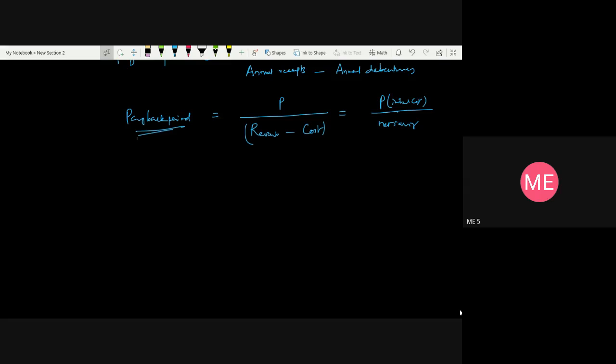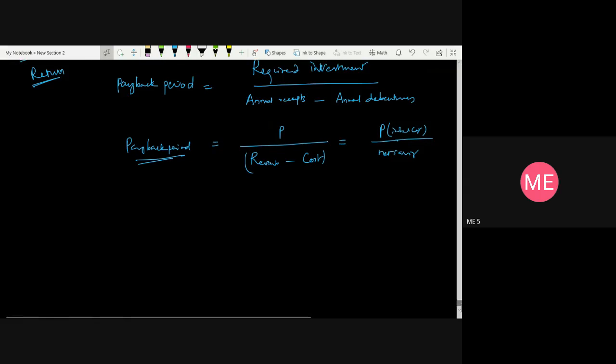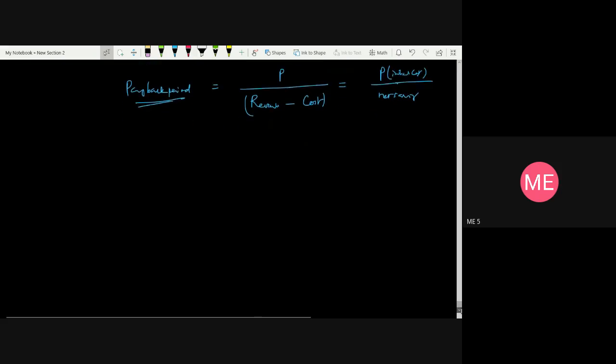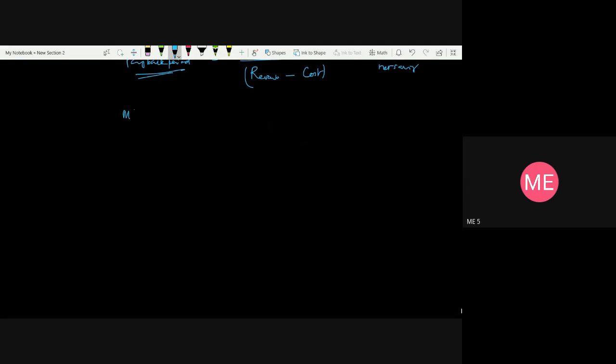So if you take the payback period method, say for example, there are three machines. One example we'll take so that you can understand the payback comparison method. Here I have machine A, machine B and machine C. There are three alternatives for an industry, and these are the machines which have to be invested in.